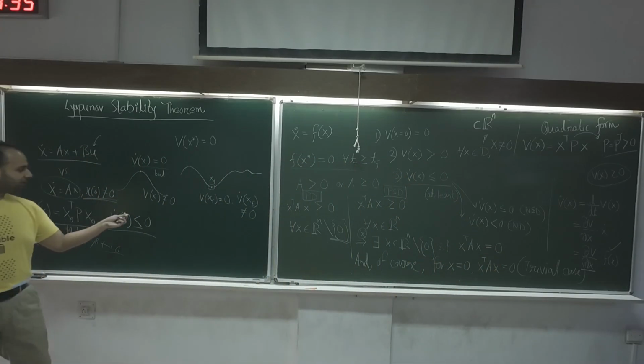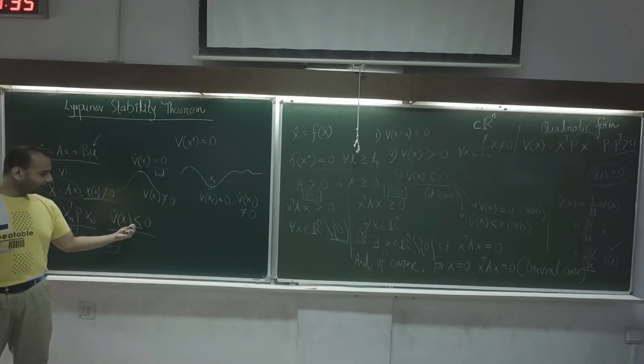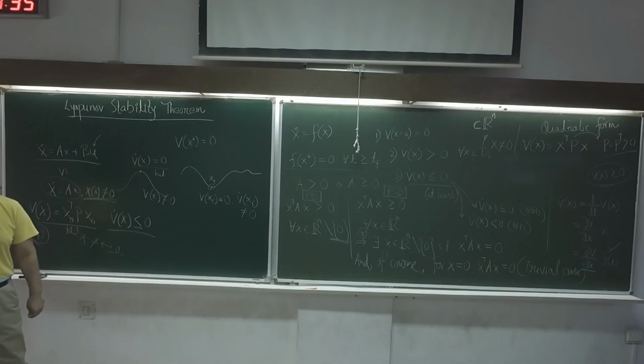Now, if it is negative semi-definite, then that is what you can conclude. Negative semi-definite means the energy is either decaying or at least it will remain constant. There is no chance of increasing the energy, right? That means the system is considered to be stable in the sense of Lyapunov. Once again, if your V dot of x is less than or equal to 0, negative semi-definite, what does that mean?